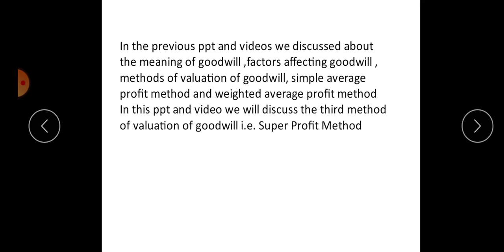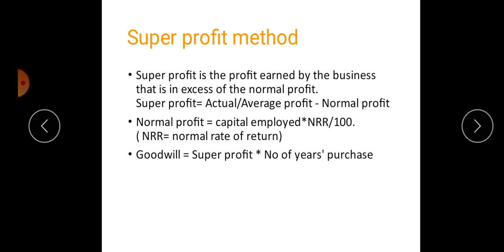Now in the fourth video and PPT we are going to discuss the third method of valuation, that is super profit method. Now what is the meaning of super profit? Super profit is the profit earned by the business in excess of normal profit.